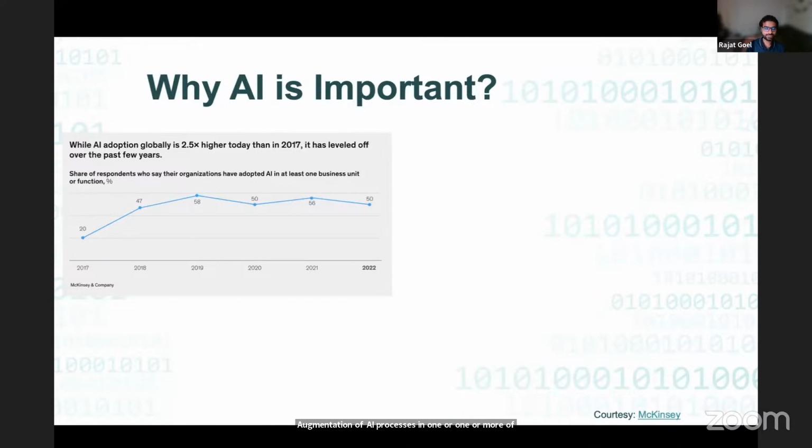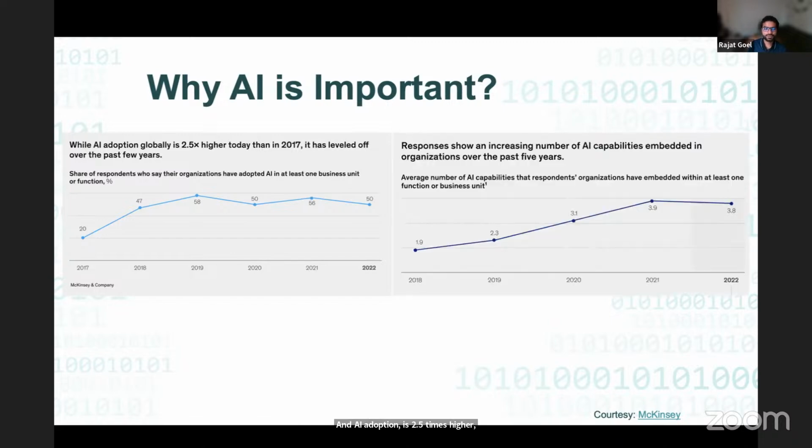Chat agents in IT department or HR related issues are the most common use cases in the industry. And AI adoption is 2.5 times higher today than in 2017. Here we see that the number of AI capabilities, such as robotic automation, computer vision, natural language understanding, etc., has doubled over the past 5 years.